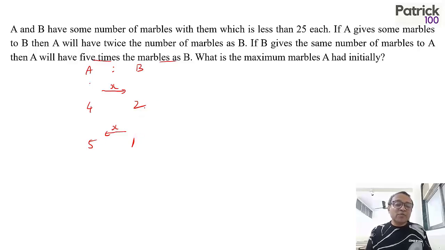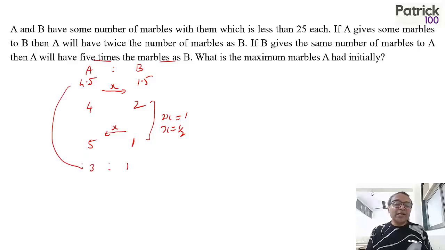So 2x is 1, and x will be half. That means half a marble is given. Initially A would have 4.5 marbles and B would have 1.5 marbles, so basically 3:1.